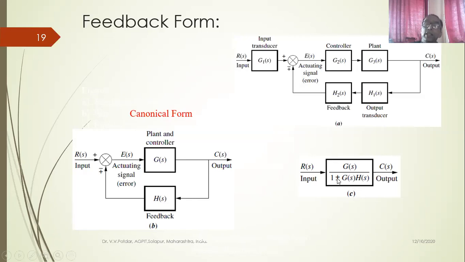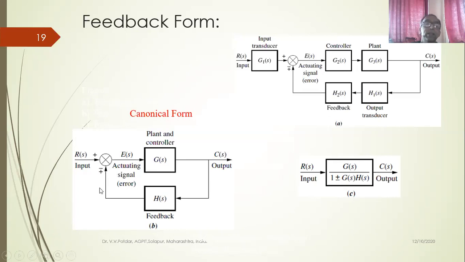Now, what is one change that you see? See here, minus and plus is there, and here plus and minus. What is the meaning of this? This sign will be plus when I have negative feedback. When I have negative feedback, I'll have a plus sign in the denominator.